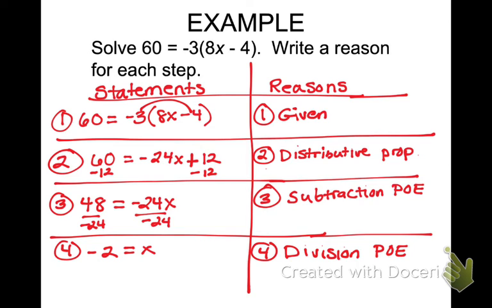All right, so now we're going to add in our geometry component. So we're going to go back to our chapter 1 days. So do we remember doing angle addition and segment addition? What was angle addition? Adding angles. Yeah, hence the angle addition, right?